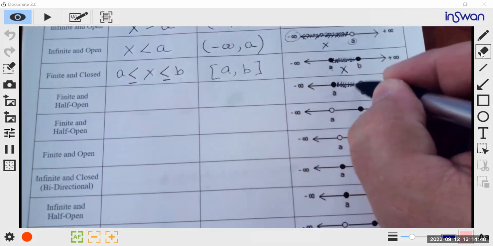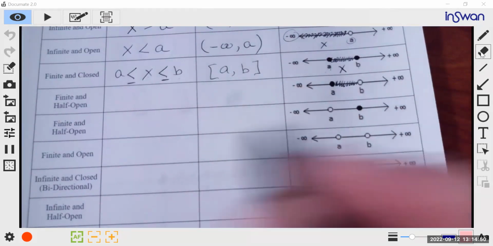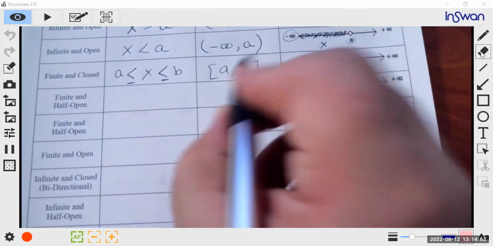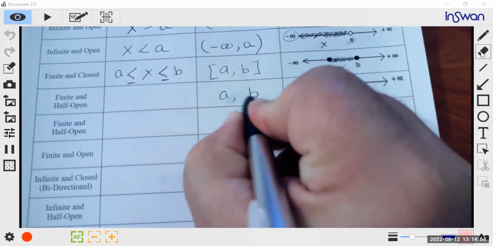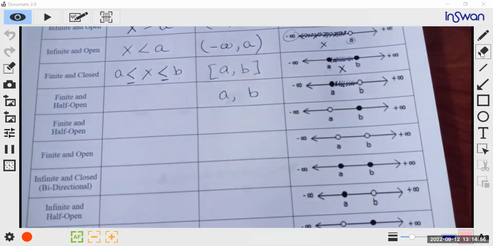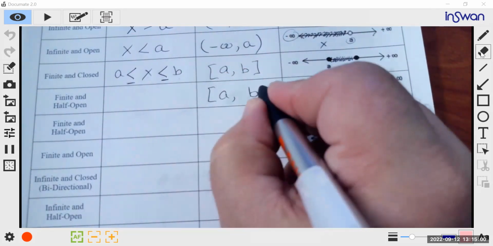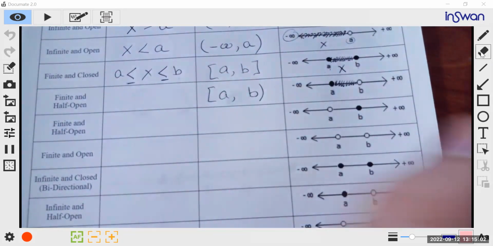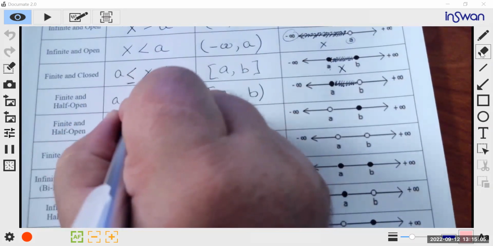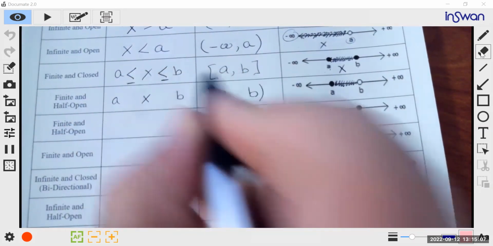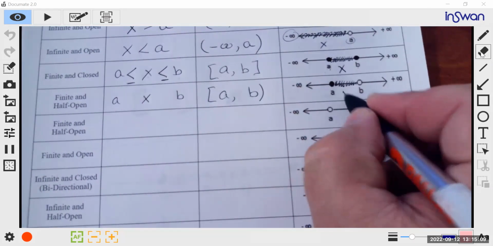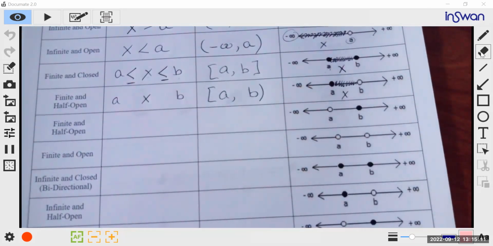In this finite one, my beginning and end are A and B. Is A a bracket or a parenthesis? B is a parenthesis. So I begin at A. My X's are between A and B. Can X equal A?